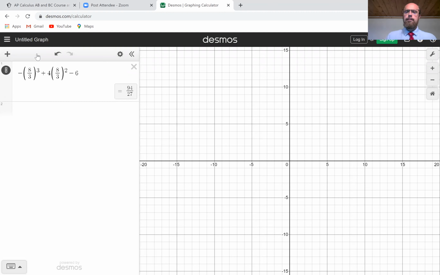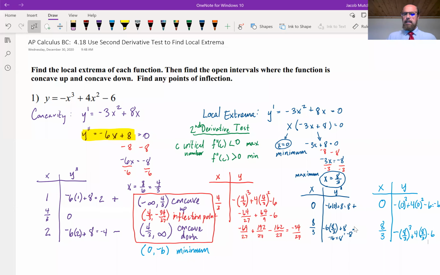So we'll go back to finalize, and then we'll come back to this calculator at the end to see how our algebra work looks on the graph itself. So again, this output at 8/3 as a fraction was 94 over 27, which had the approximate value of 3.481. We'll record that.